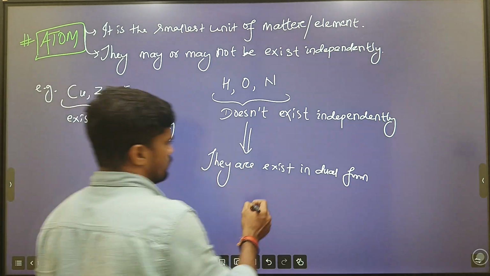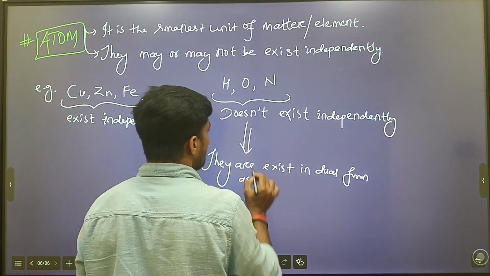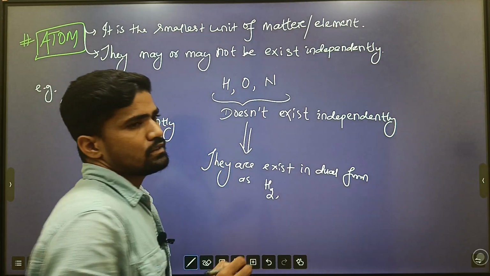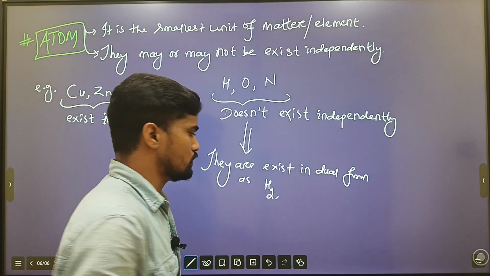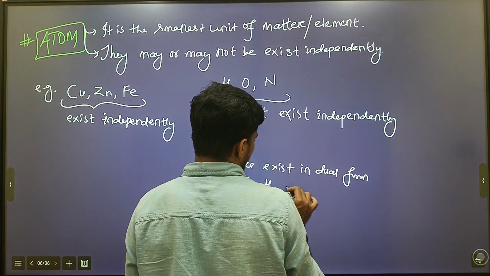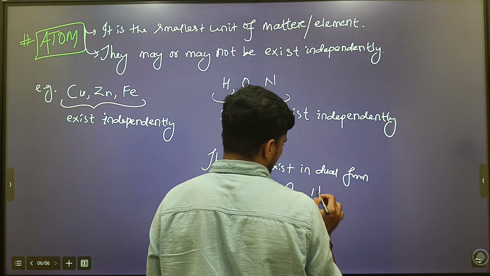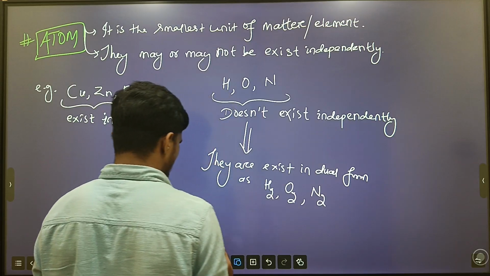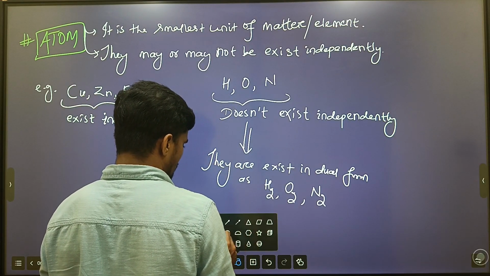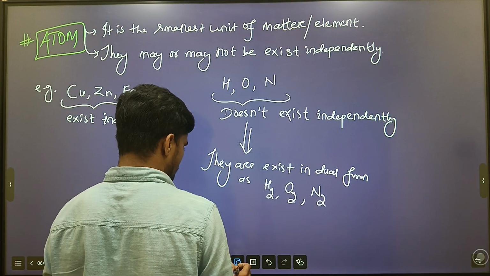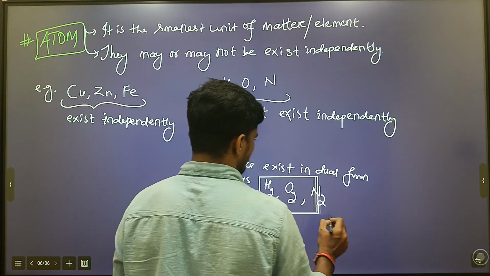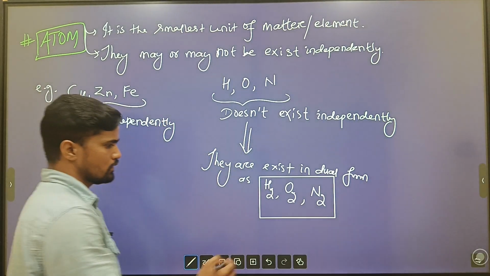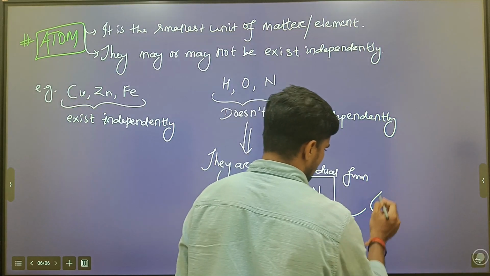The dual form: H will exist as H2. That means they exist as diatomic molecules. H2, O2, N2. So they exist like this. Clear?